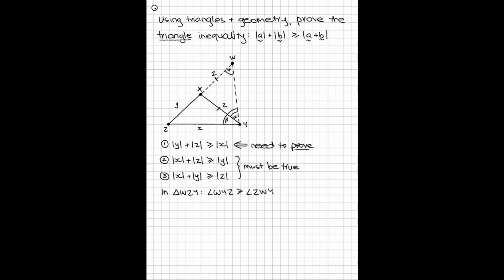Now, in that case, we can conclude that if the angle WYZ is bigger than ZWY, then the length of the side opposite those angles must also be bigger. And that's making use of the result that if you have a triangle, the side opposite a larger angle will also be longer.